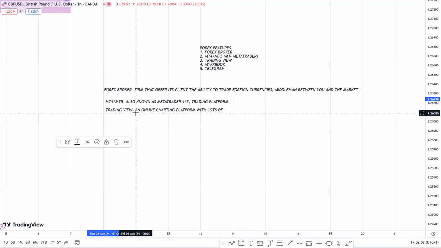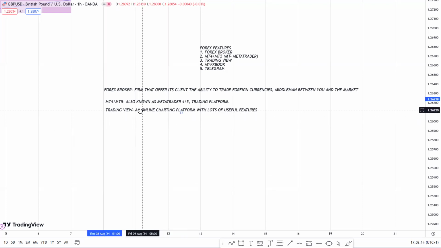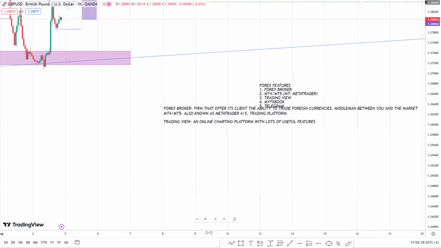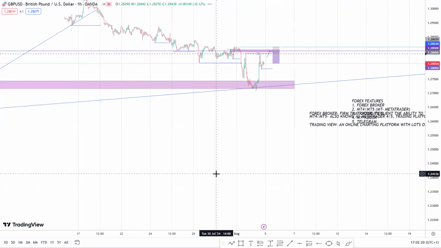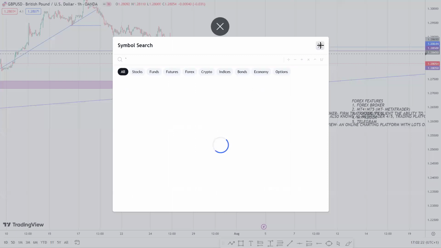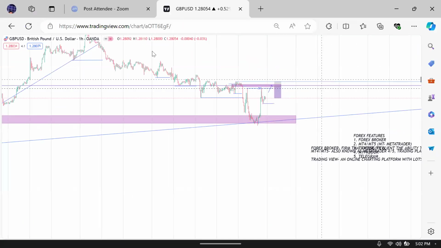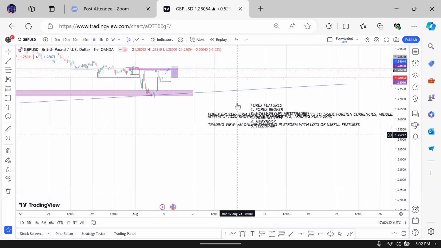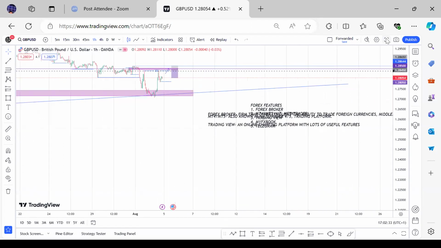This platform I'm currently using to type all this out, this is what we call TradingView. You can see here on my chart that this is TradingView. So we are currently on the TradingView charting platform.